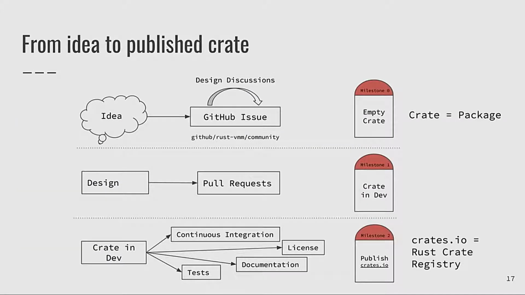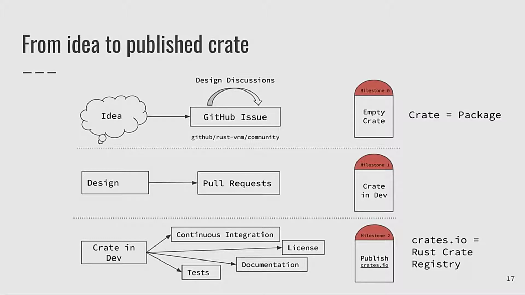So let's talk a bit about the Rust VMM development process. People have ideas, we all have ideas, and in Rust VMM, from idea to an actual component, it's a bit, I don't know, let's see. You first have to submit a GitHub issue. You have to describe your idea. You have to describe your component and why it is useful for VMMs in general and for Rust VMM.